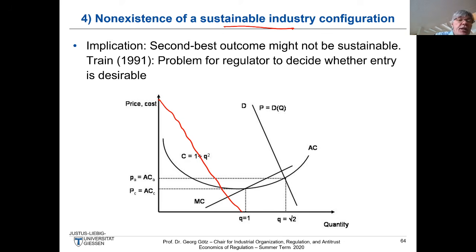But if demand lies further outside, as it is depicted here, then given a level of capital, you might get that the average cost curve is increasing again. It's U-shaped, and here you see the marginal cost. Now, by construction, it's still better to have a single firm being active, producing this outcome, rather than having say two firms.